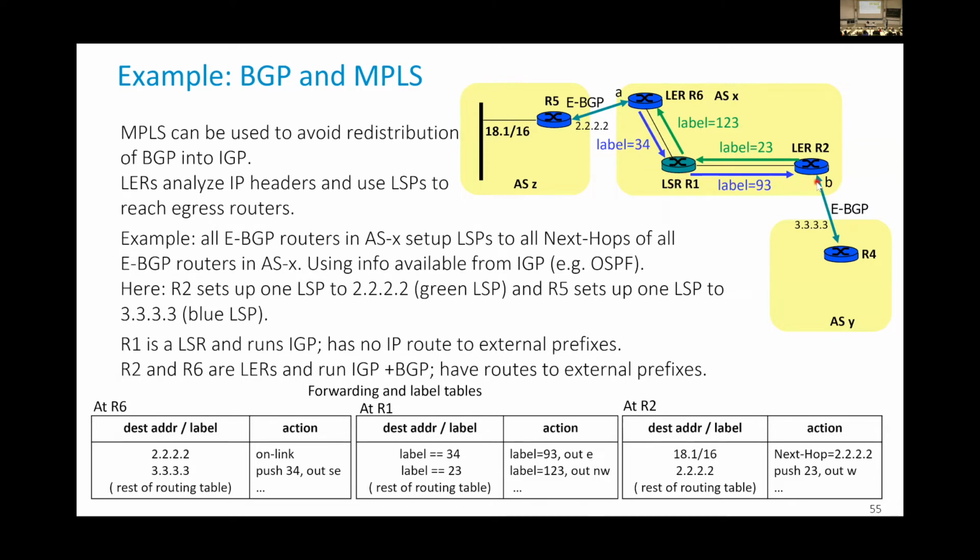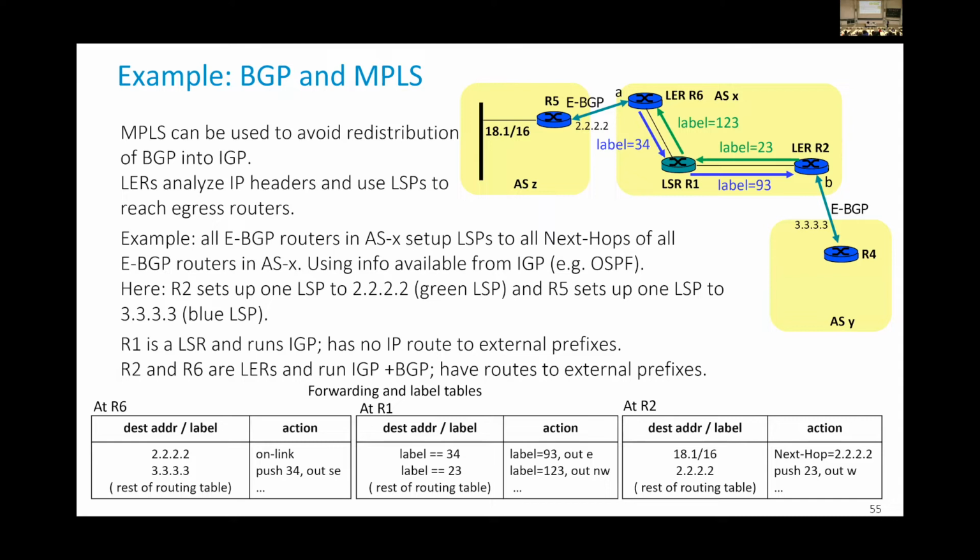So we have, again, the same problem. We need to carry lots of IP packets from R2 to R6, for example, to 18.1. But we don't want to bother R1 with the information on how to go with the 1 million possible prefixes in the world. And then it's completely obvious that MPLS is a good solution for that, because what information is available through BGP is the next hop.